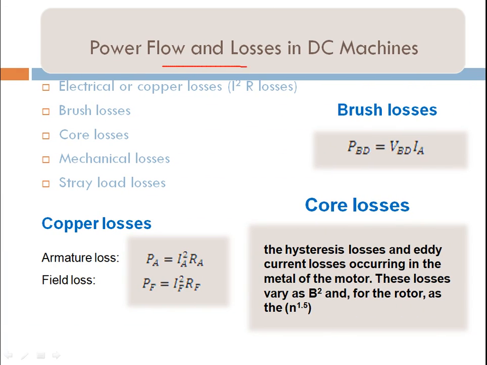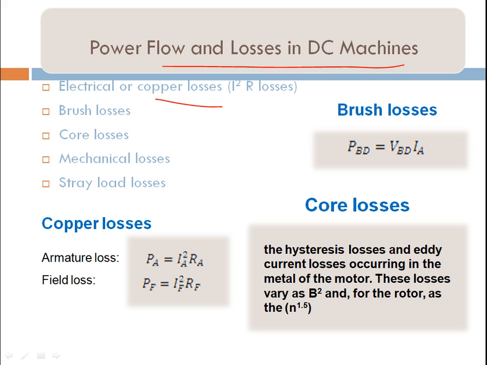Power flow and losses in our DC machines, very important. Always remember that there will be some losses in our DC machines. For ideal cases there would be no losses in our machines, but in general, practical cases, there will definitely be some losses.